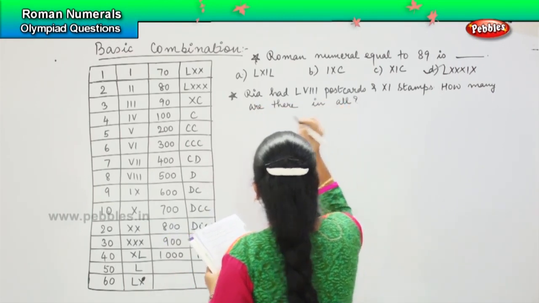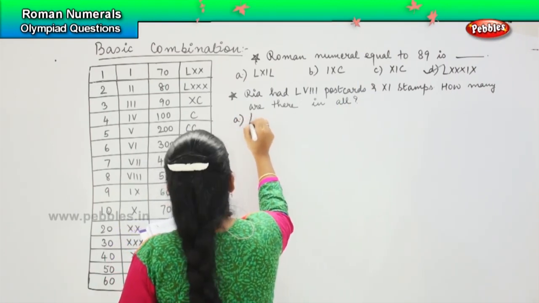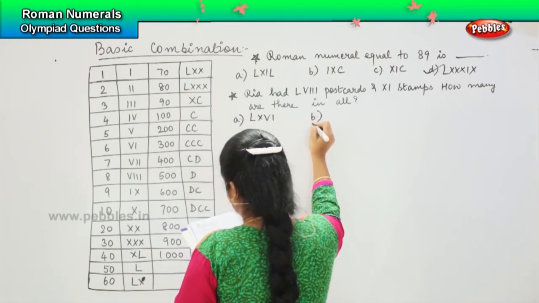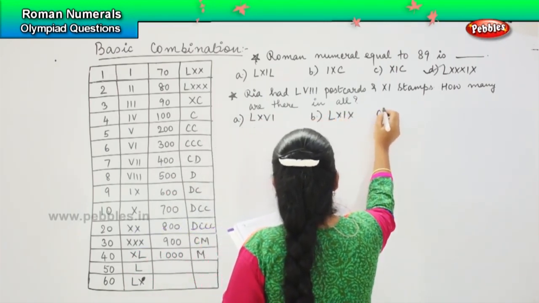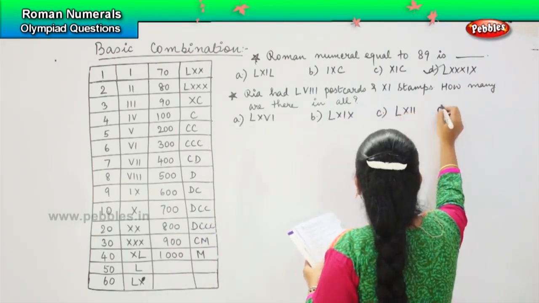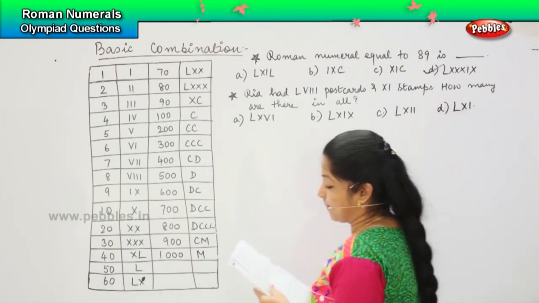Okay. And your options are LXVI, option B, LXIX, option C, LXII, and option D, LXI.